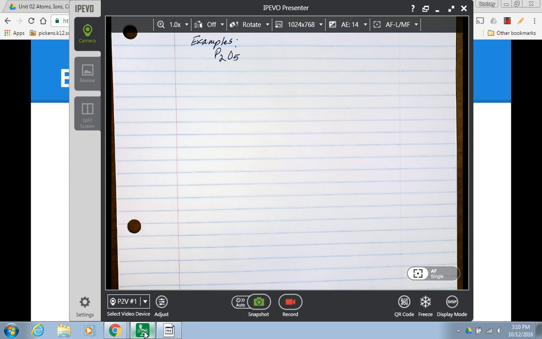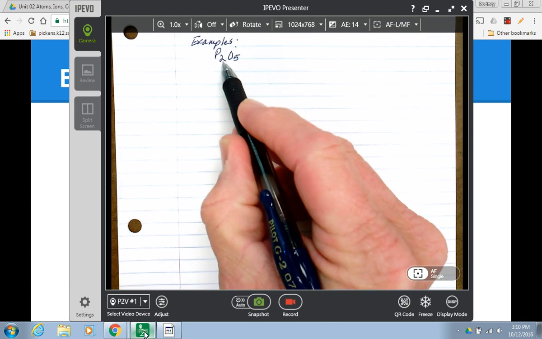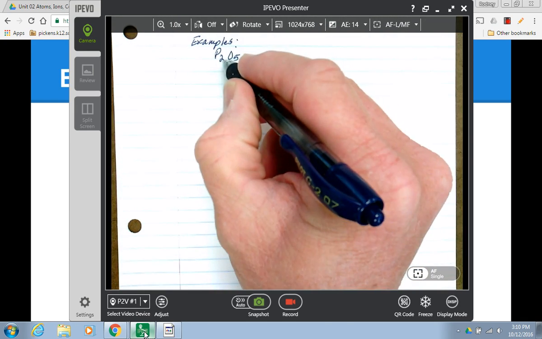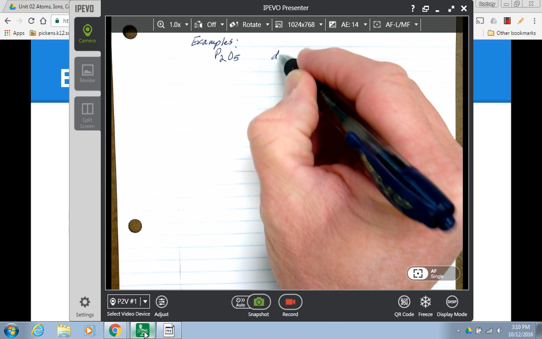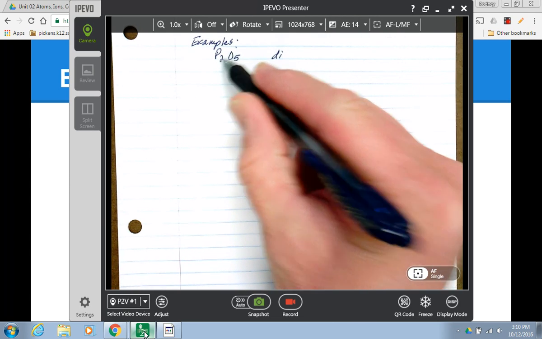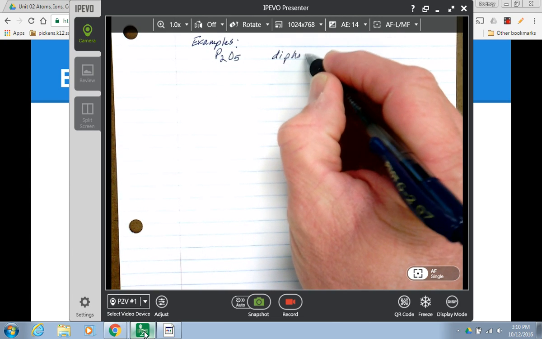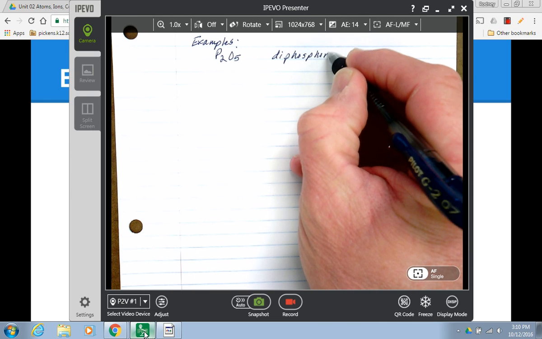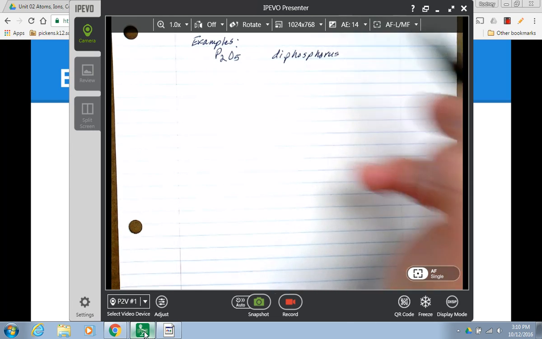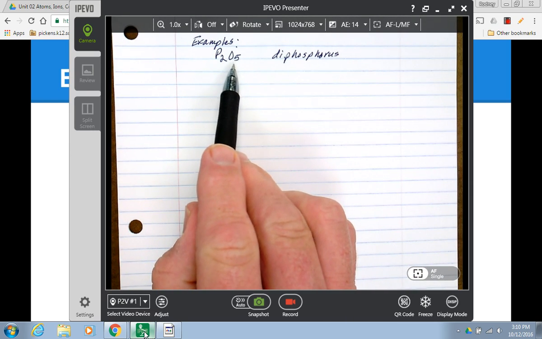So phosphorus is a nonmetal and oxygen is a nonmetal. So we have the subscript 2 here, so we're going to use the prefix di, and then we're going to simply put the element name. So it's diphosphorus. And then we have 5 oxygens.